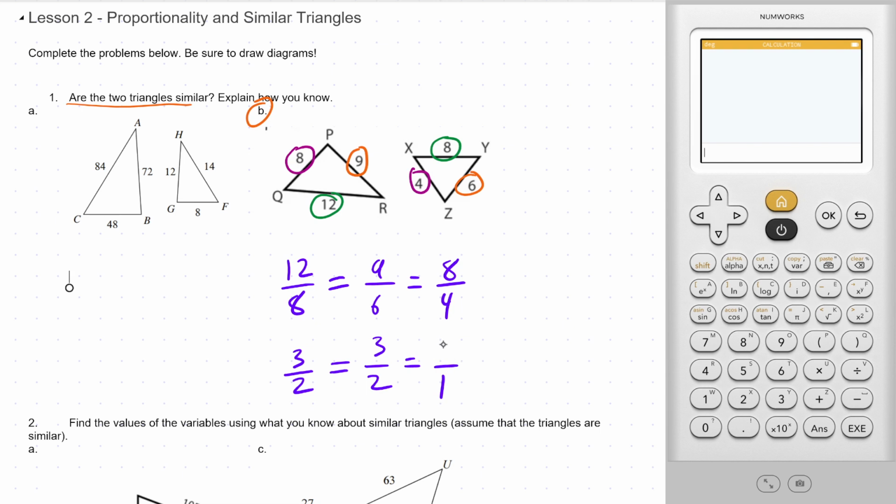Okay, so here we run into a problem because it's pretty clear that 2 over 1, which is 2, is not the same as 3 over 2. So these are not equal, and therefore these are not equal.